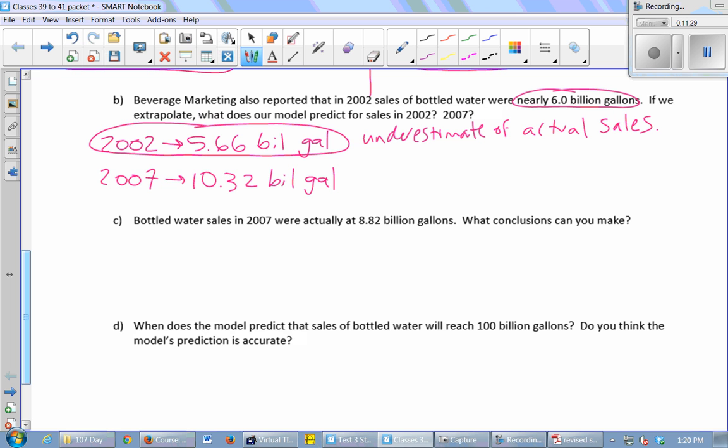So our prediction was high, which means we're probably not selling bottled water at the same rate we used to. It's probably not increasing as fast as it was.